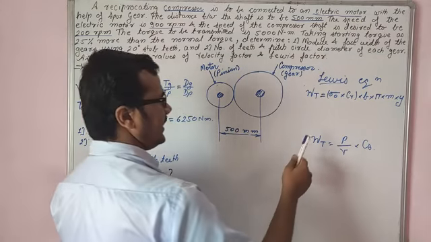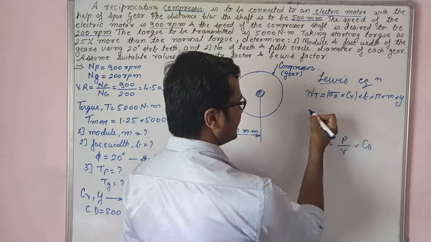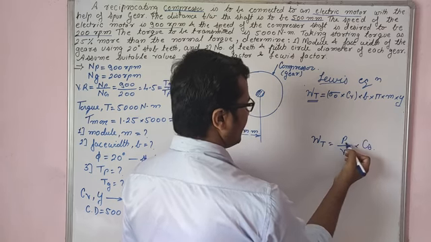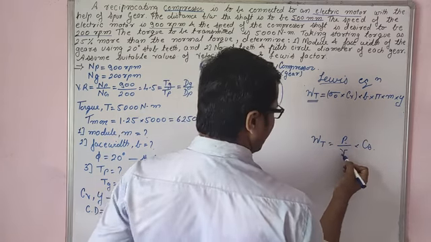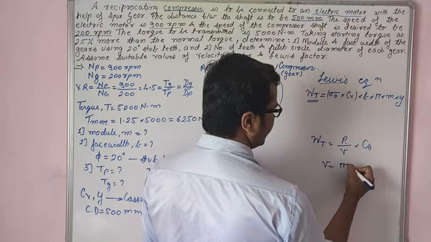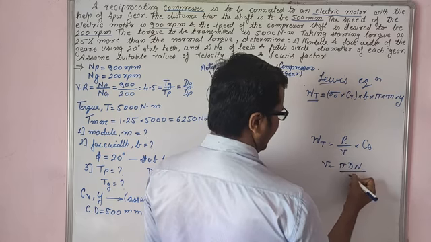Now to find all other values, we will require Wt. Wt is nothing but P by V into Cs. Since we are given torque, we will require V to be calculated. We know that V is nothing but pi dN by 60.